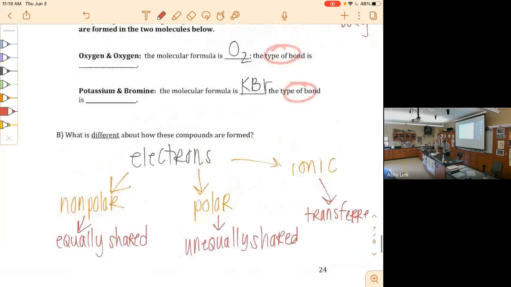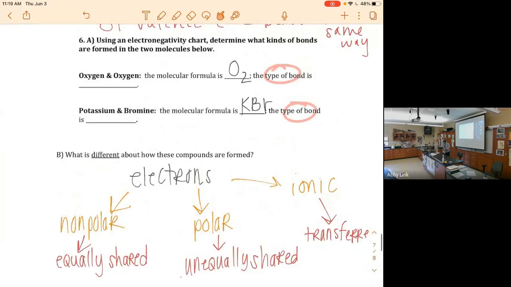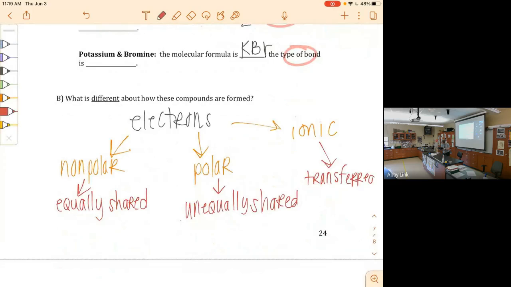So when I say, what is different about how these compounds are formed, really what I'm talking about is how the electrons are behaving. Are they shared unequally? Are they shared equally? Are they transferred? You'll figure out the type of bond based on the differences in electronegativity. Any questions?